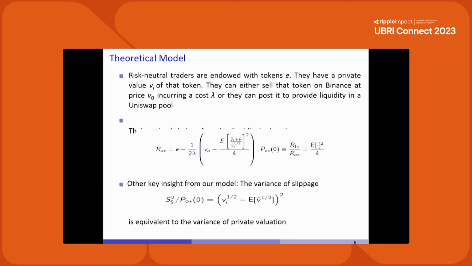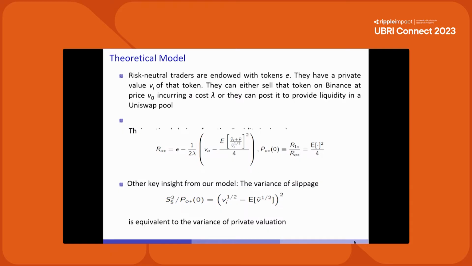So if your private value is lower than what you can sell it for on Binance, a rational investor would sell everything on Binance and not provide any liquidity. On the other hand, imagine a situation where you have a very high private value of this token. In that case, you will not sell anything on Binance. You'll put everything in the liquidity pool.